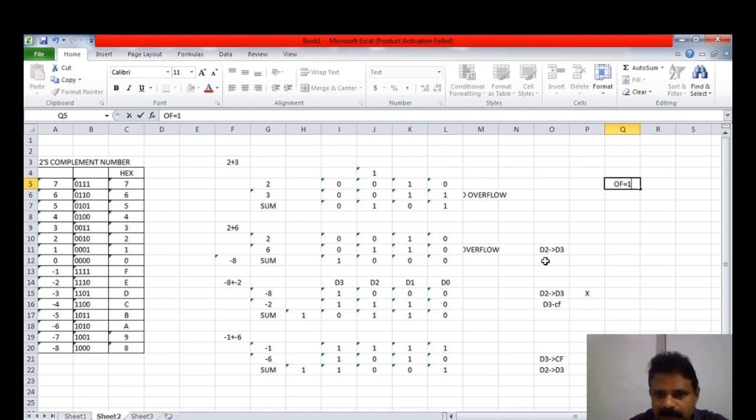Previously we said once a carry from D2 to D3 occurs, the overflow flag will set. Then we said overflow will happen if a flow of carry from D3 to carry happens. But it is wrong in this case. Here no overflow. Our answer is correct.